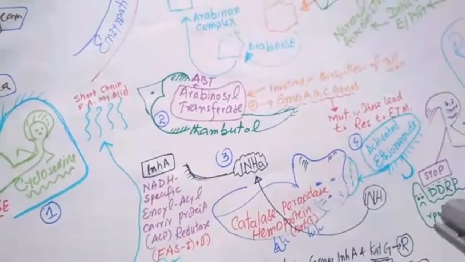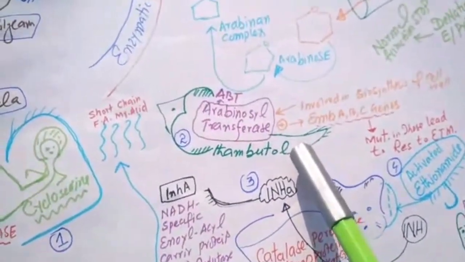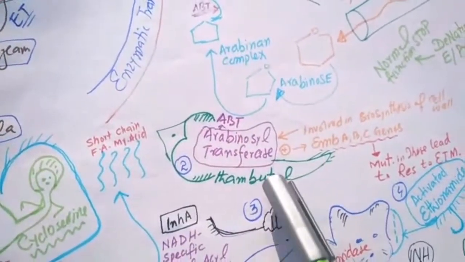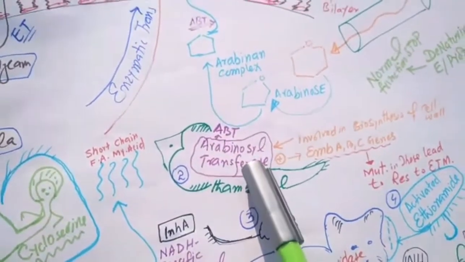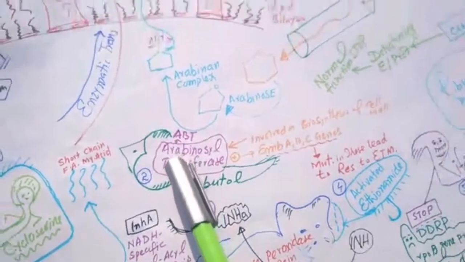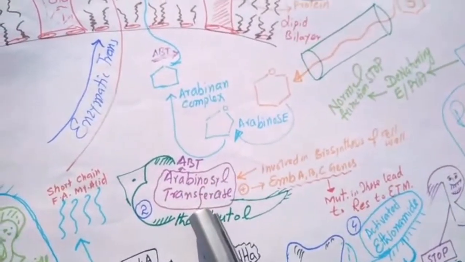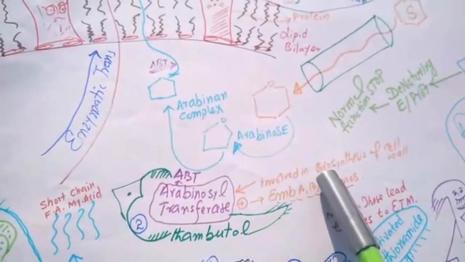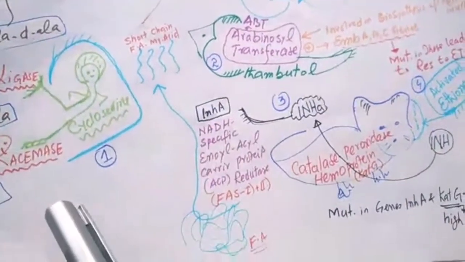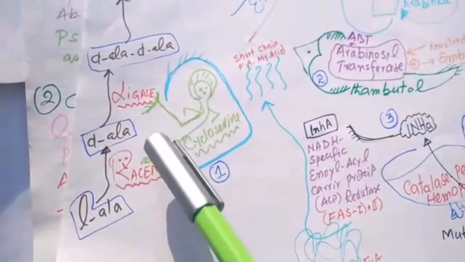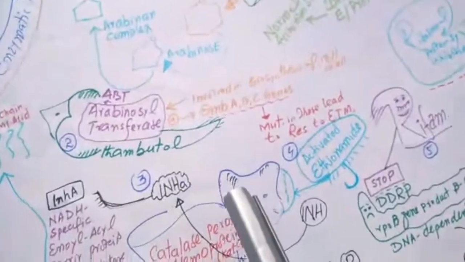The second drug is ethambutol. Ethambutol blocks the arabinosyl transferase enzyme. This arabinosyl transferase is involved in biosynthesis of the cell wall, and racemase and ligase are also indirectly involved in biosynthesis of the cell wall.